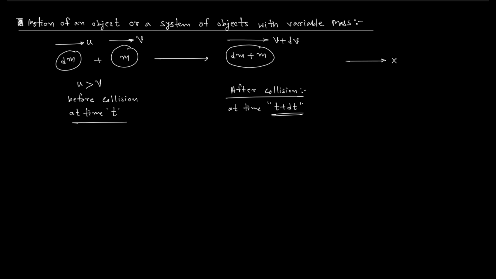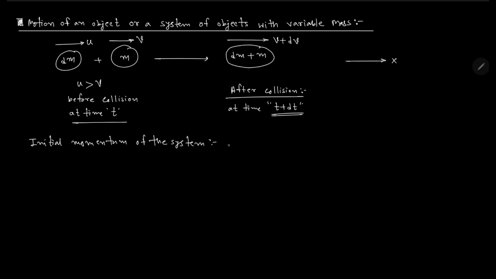So to find the rate of change of momentum of that system, let's find out the initial momentum of the system.